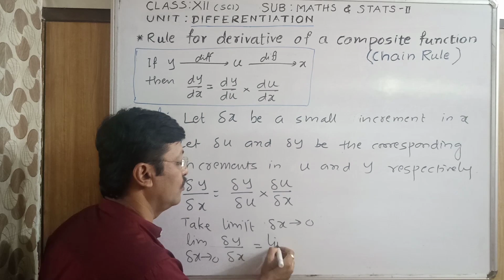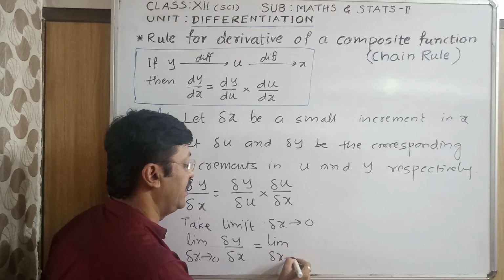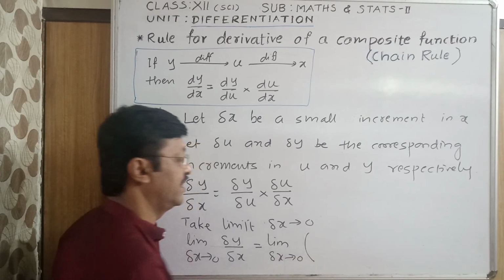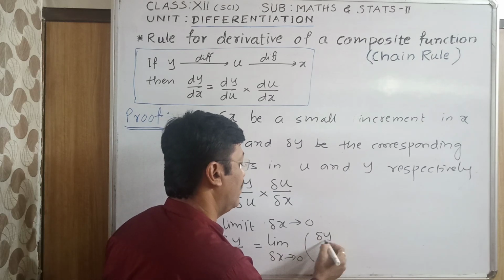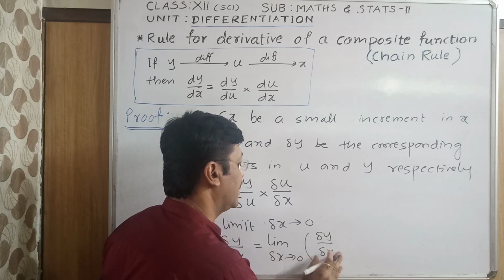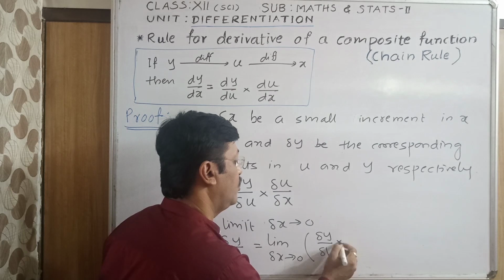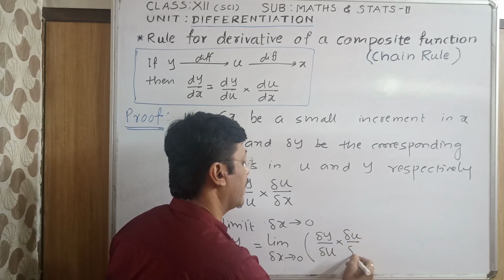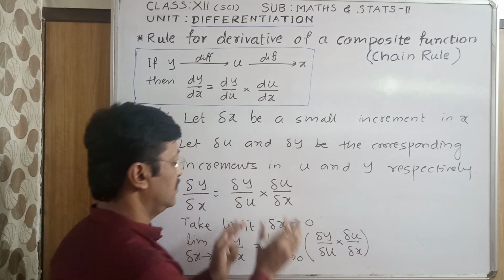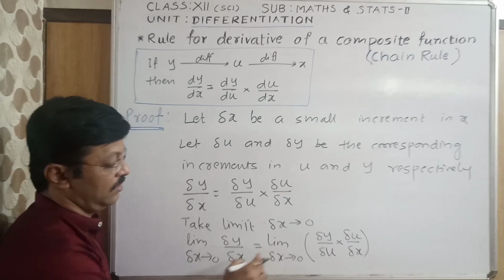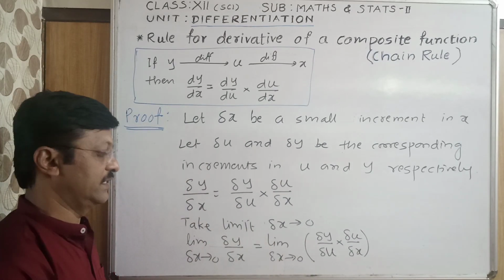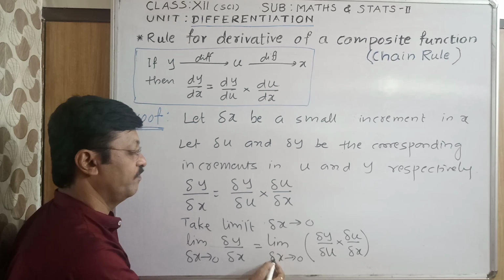Same thing I will do on the right side: the limit as delta x tends to 0 of delta y by delta u into delta u by delta x. This limiting condition is applied on both sides.